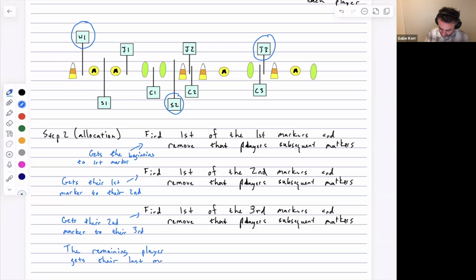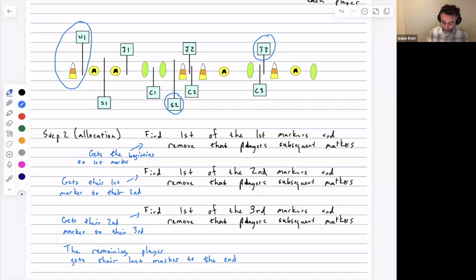Okay, so let me unpack this a little bit. What I'm saying, I'll circle it here in blue. The first player, Wendy, gets from the beginning to their first marker.